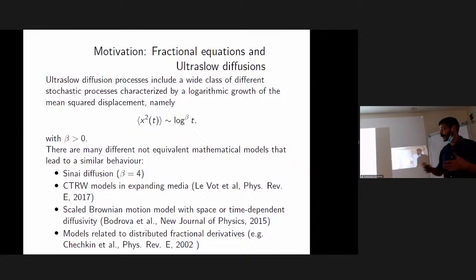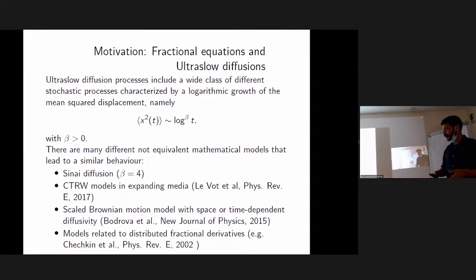There are many different, non-equivalent stochastic processes where the mean square displacement goes like a power of a logarithmic function. For example, Sinai diffusion, where the power of the logarithmic function is beta equal 4.